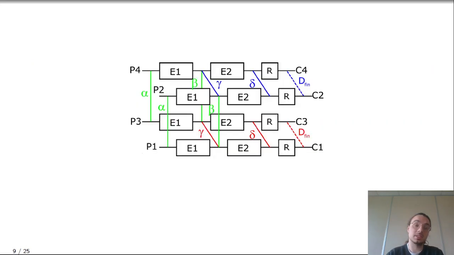So here is the situation. And the attack will contain three steps. The first one will be to get this event to happen. The second one will be to compute the subkey with the additional run, and then we will guess the rest of the key.